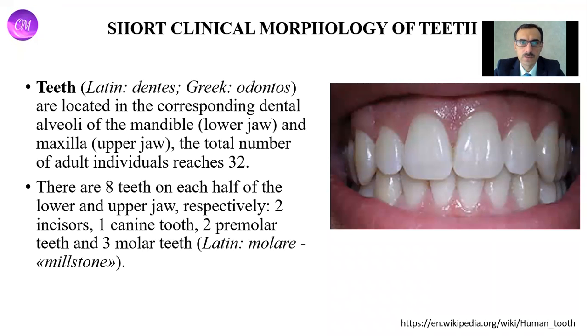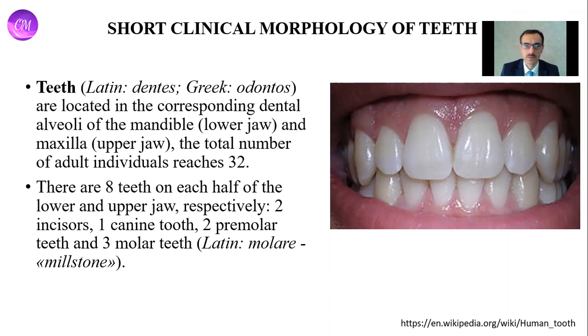First, I would like to remind you some short clinical morphology and the histology, as well as the teeth. As you know, the teeth are located in the corresponding dental alveoli of the mandible, that we call the lower jaw, and the maxilla, upper jaw.